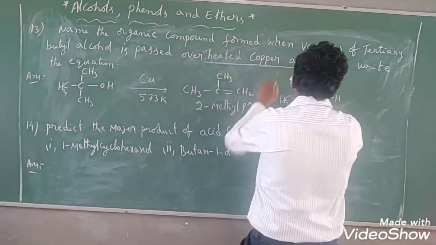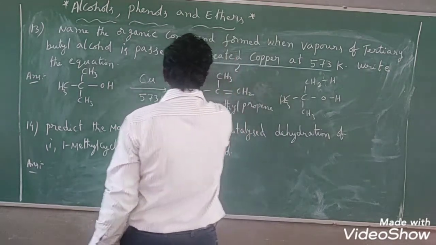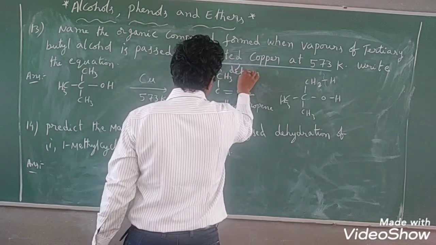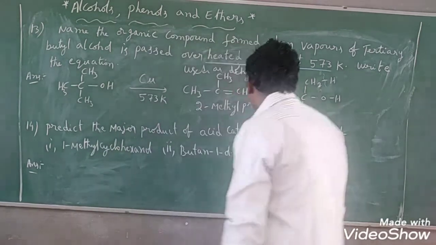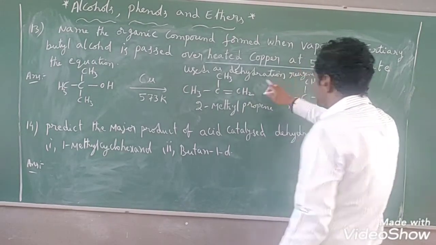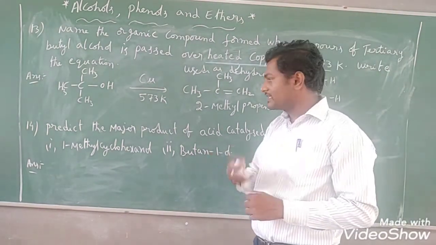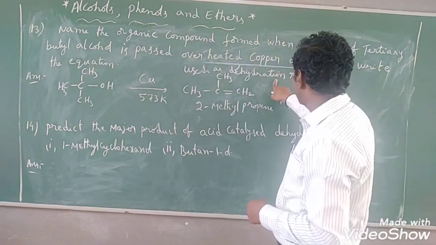Copper at 573 Kelvin is used as a dehydration reagent. Dehydration means removal of water. So this is a dehydration reagent. Sorry, not dehydrogenation. Dehydrogenation is different. That reagent also we will discuss now. Next question, that only.